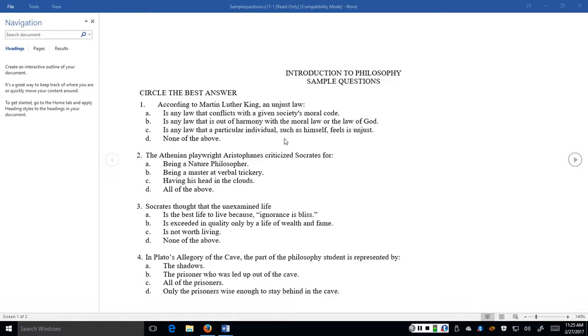So, 6, like Socrates, Martin Luther King maintained that we have no right to resist the will of the state, even if it punishes us unjustly. Was that his view?